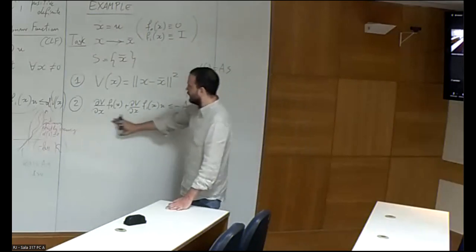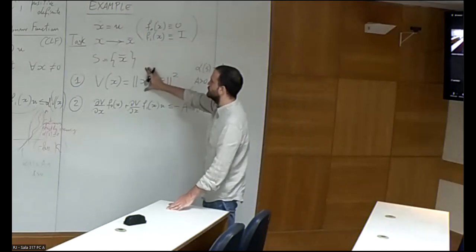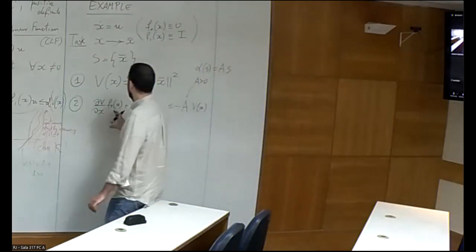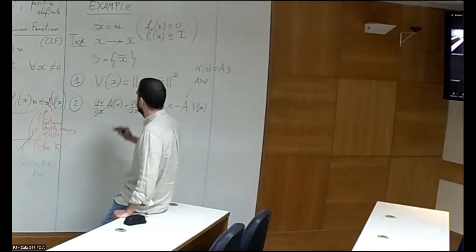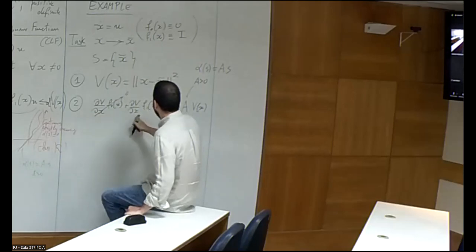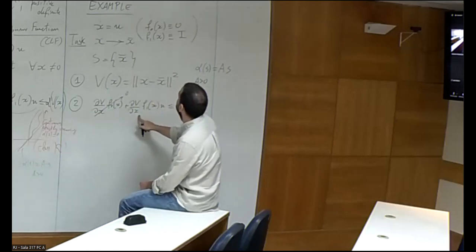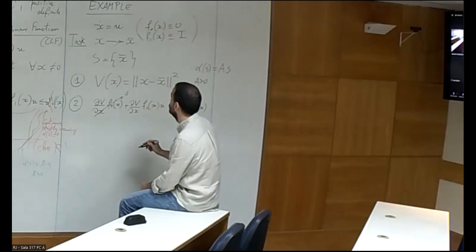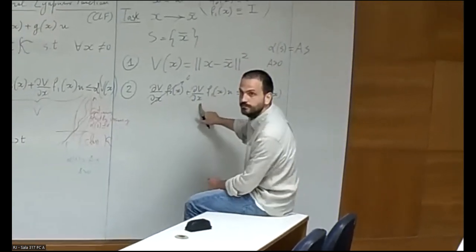So how do we write this constraint for this problem? f0 is equal to 0, so this term vanishes. Then dV/dx times f1 is nonzero. What is dV/dx?